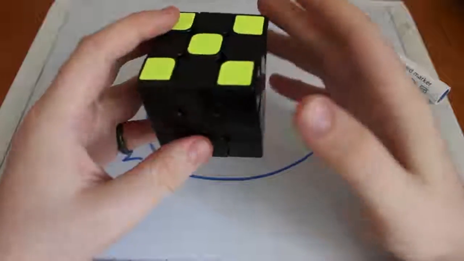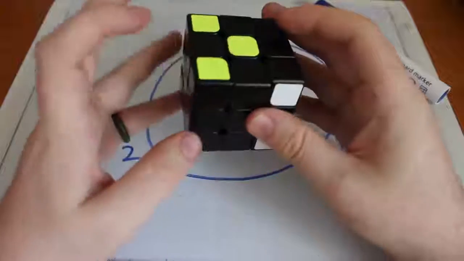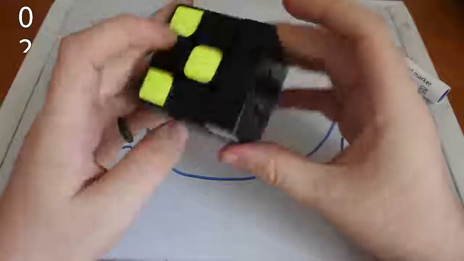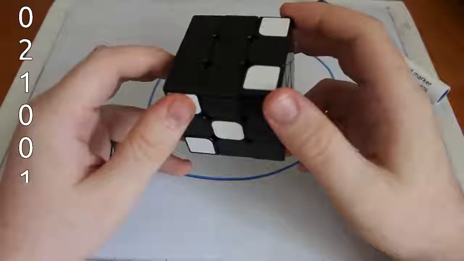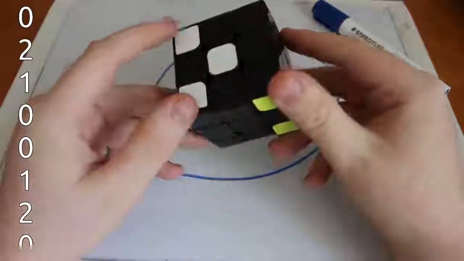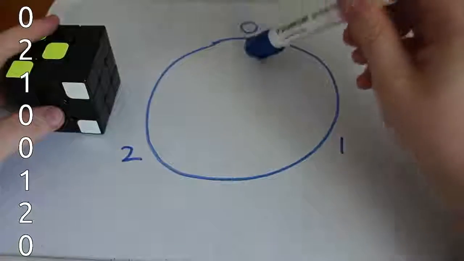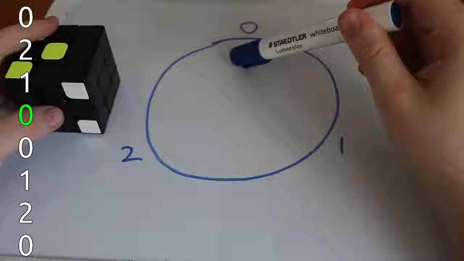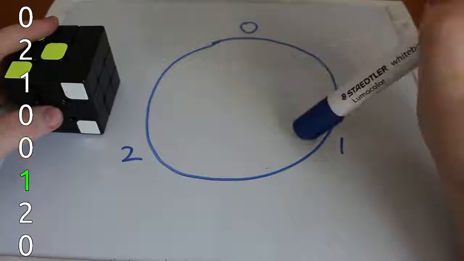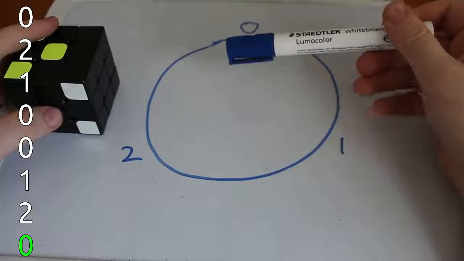If we turn a side face 90 degrees, we could list the corners like this: 0, 2, 1, 0, 0, 1, 2, 0. Going around the circle again, we end up at 0.